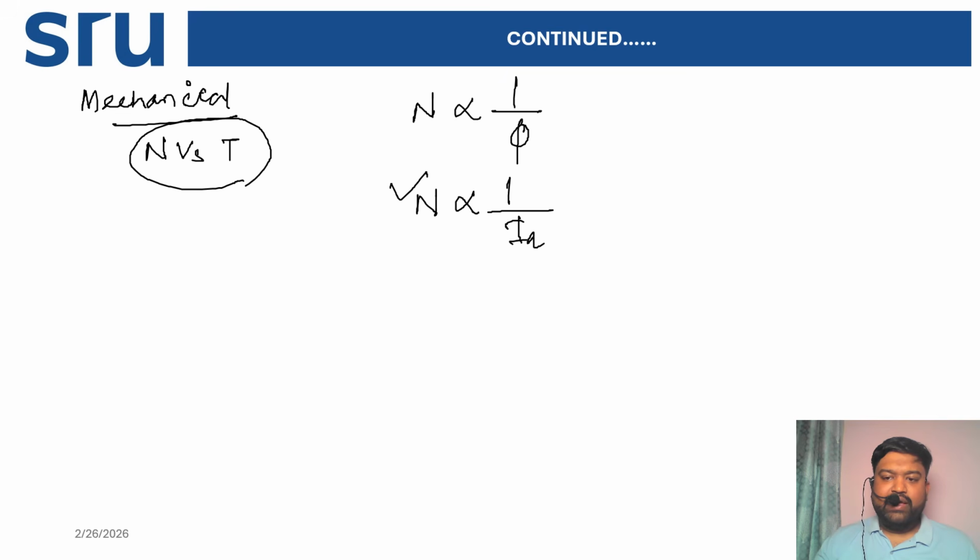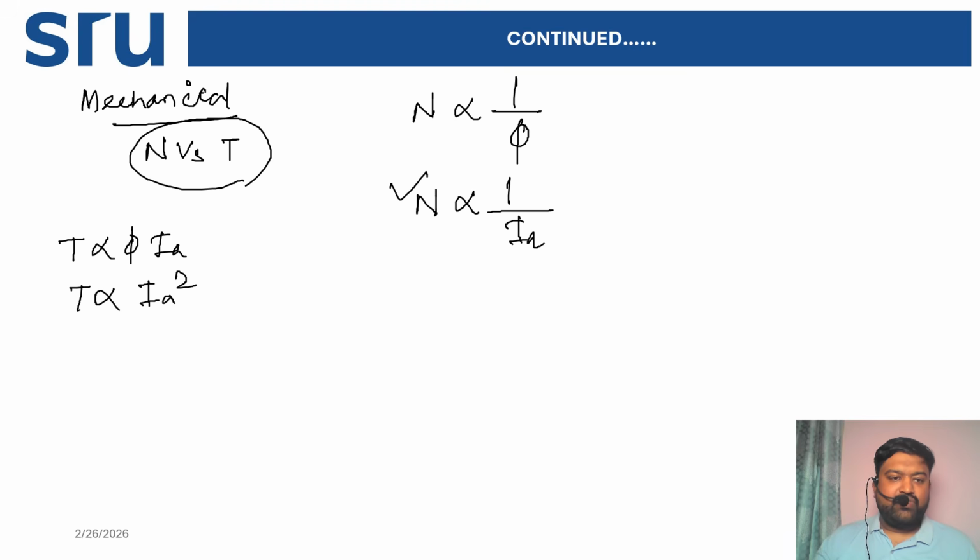Then in the first equation we derived that torque is directly proportional to phi into Ia. From this you can write torque is directly proportional to Ia square.